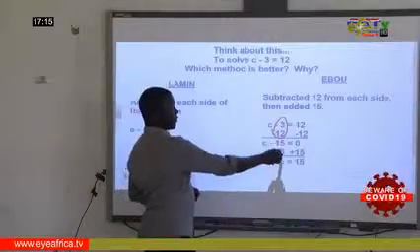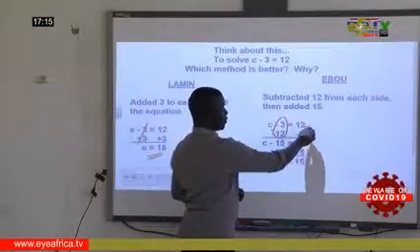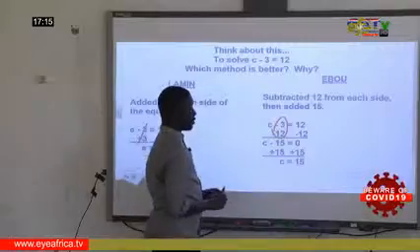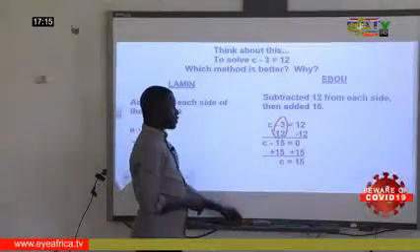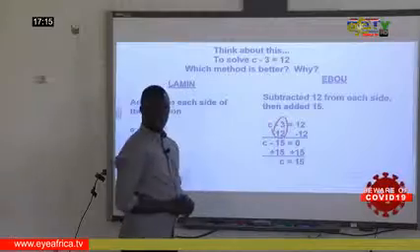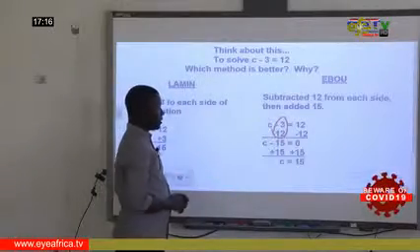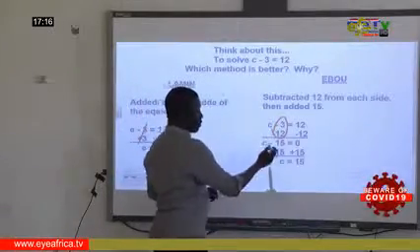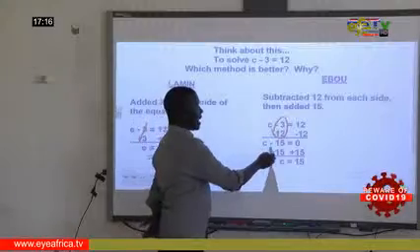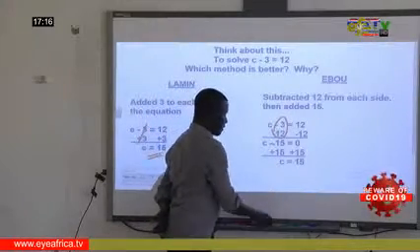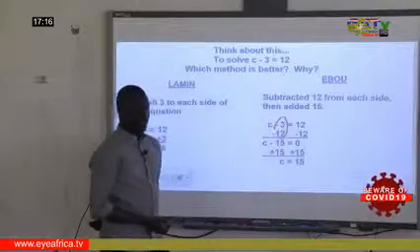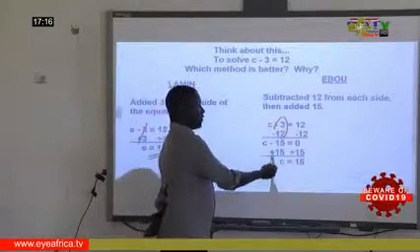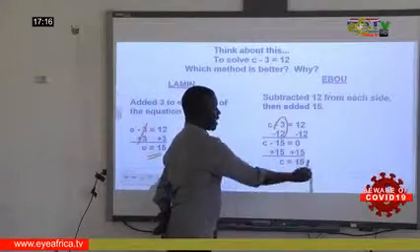So c minus 15 equals 0, because 12 minus 12 is 0. Then he added 15 to isolate his variable, c. The operation here is a subtraction, and the inverse of subtraction is addition. Then he added 15 to both sides.